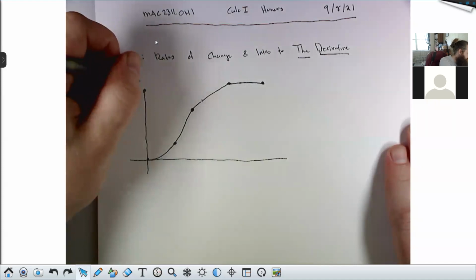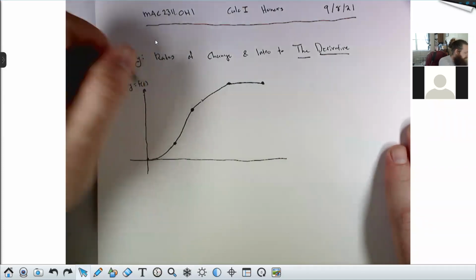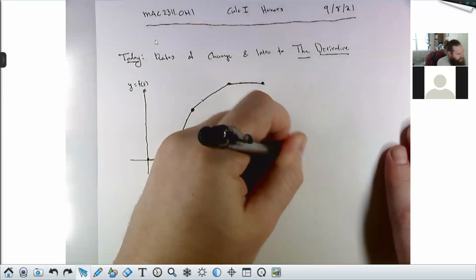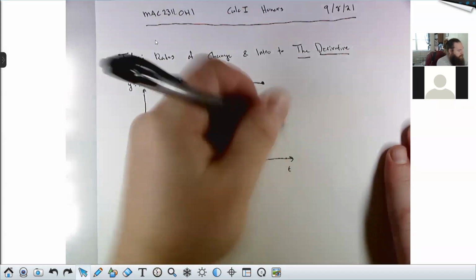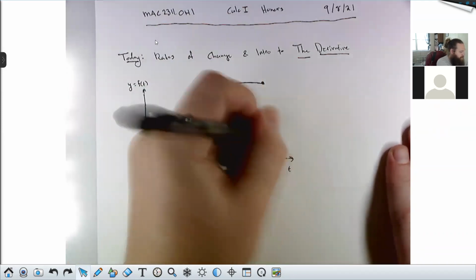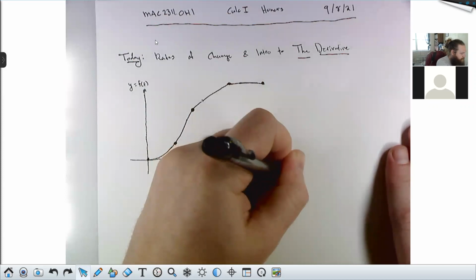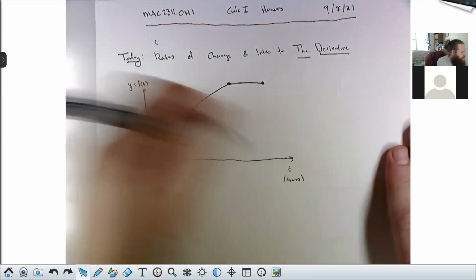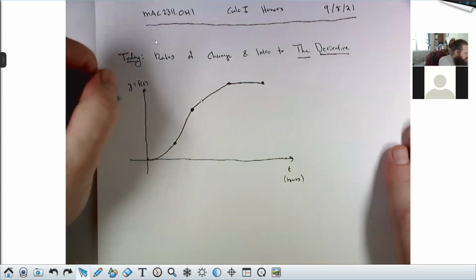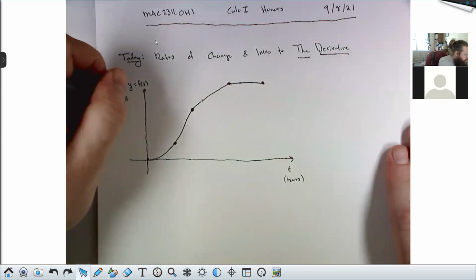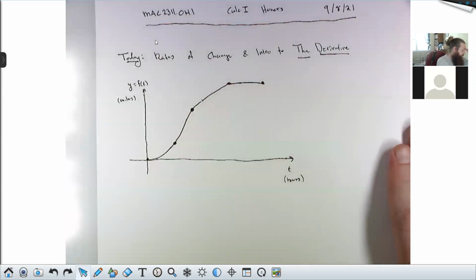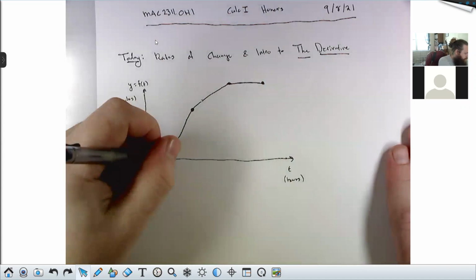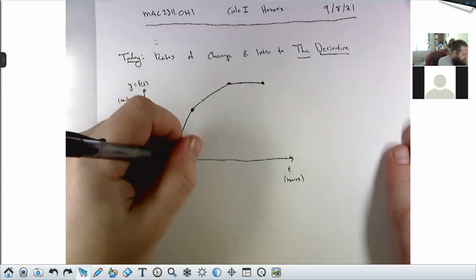How about just f of t, and I'm going to use my independent variable here as t, because it's going to stand for time in hours. And f of t is going to stand for distance in miles. And I'm going to chop my horizontal axis up.